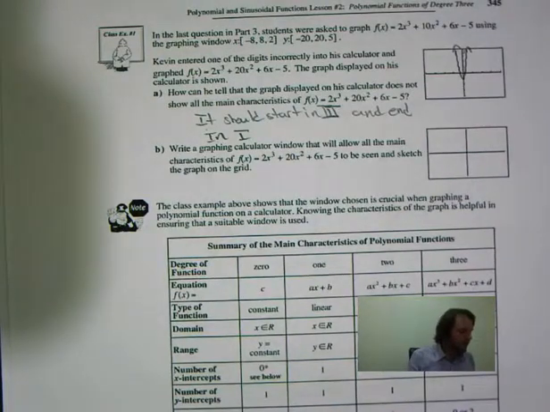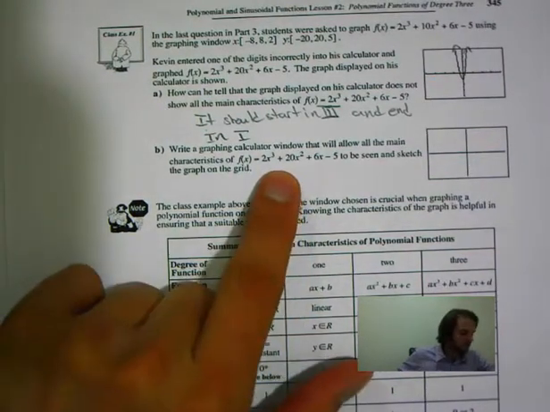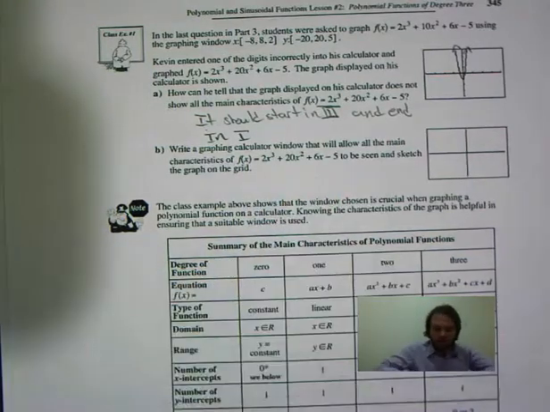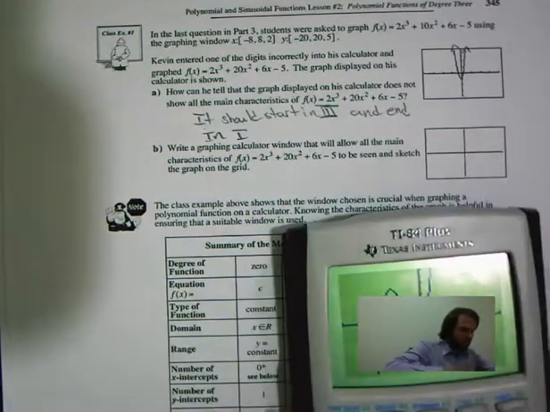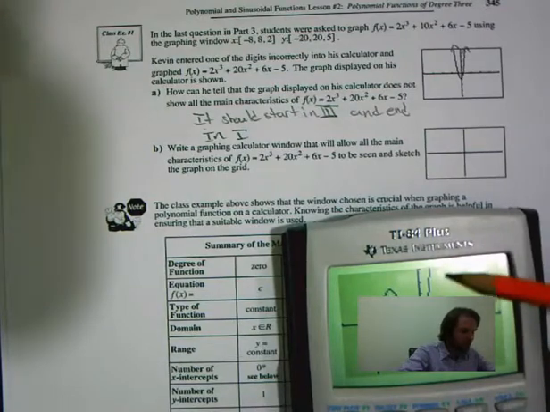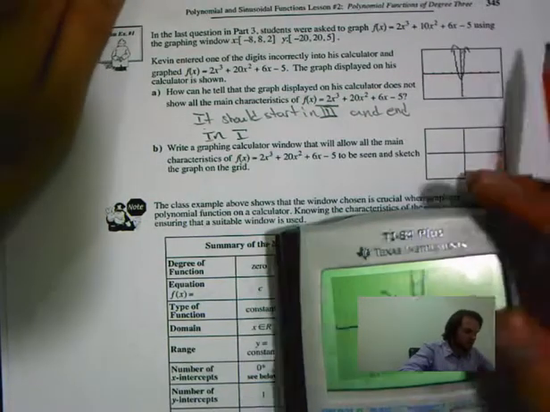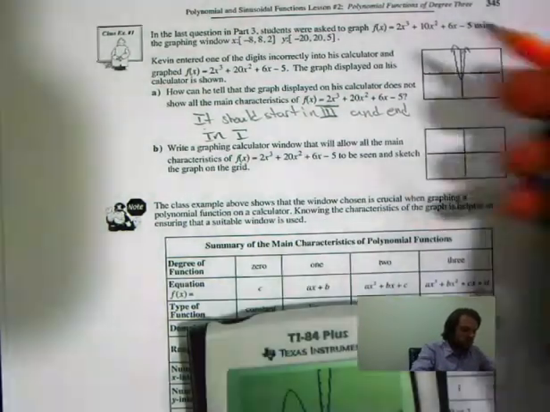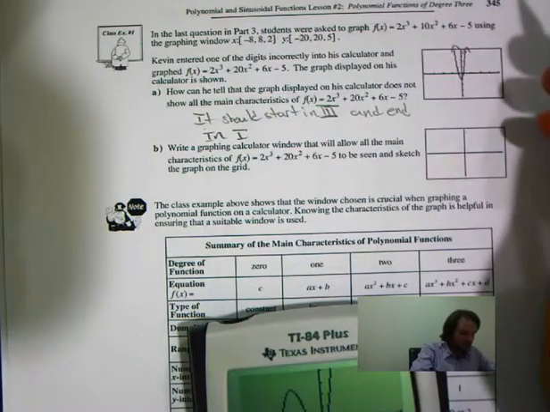Okay? So a graphing calculator window will allow the main characteristics to be seen and sketch the graph. It wants us to write a graphing calculator window that will allow the main characteristics of this graph to be sketched. Well, right here, the graphing calculator window works. So according to this, let's just do exactly what they have there.